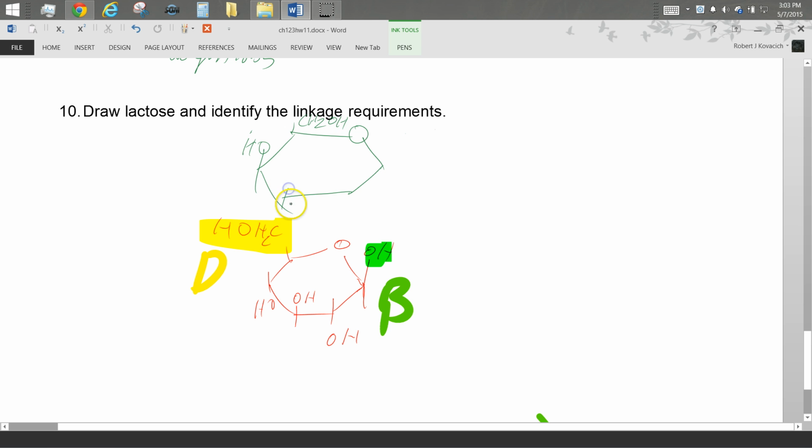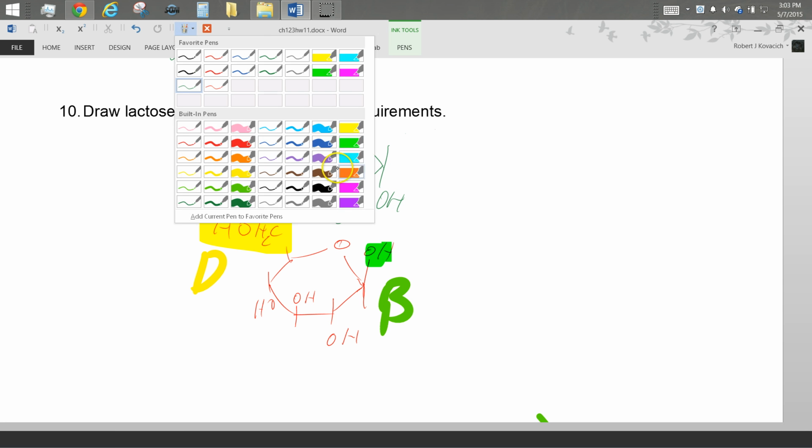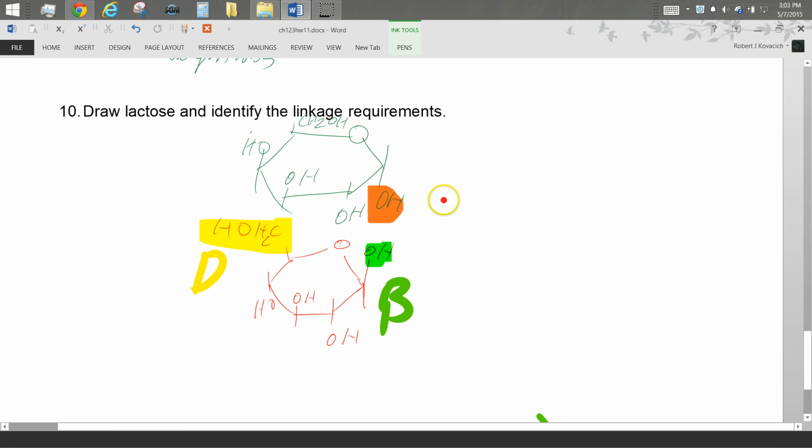Sure. So whatever color that is, red, orange, that's alpha in your galactose, right? So the orientation has to be like this. Does that make sense? What if they're both moved over? We don't talk about it like that. We draw them in a specific way.